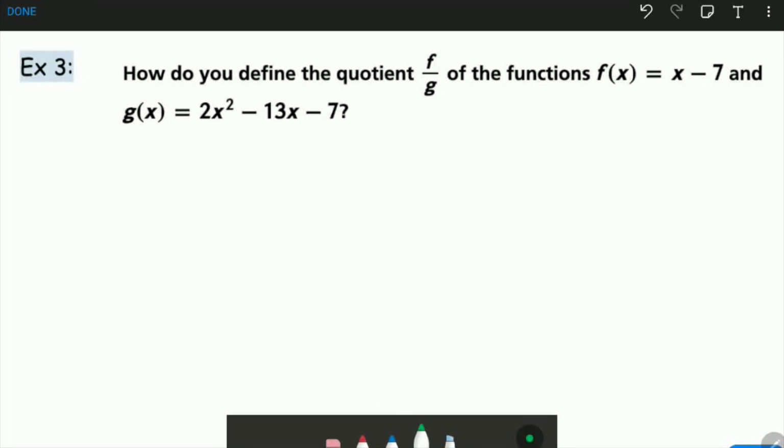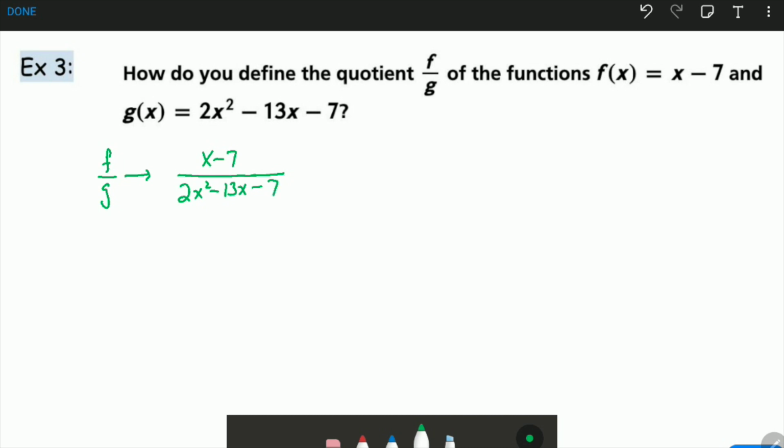Okay, in this example, we're supposed to find the quotient of f over g for the functions f of x and g of x. So, if we start off with f over g, well, our f of x function is x minus 7, and our g of x function is 2x squared minus 13x minus 7.